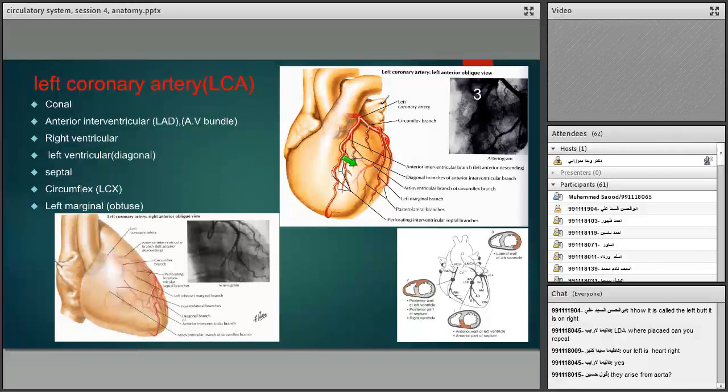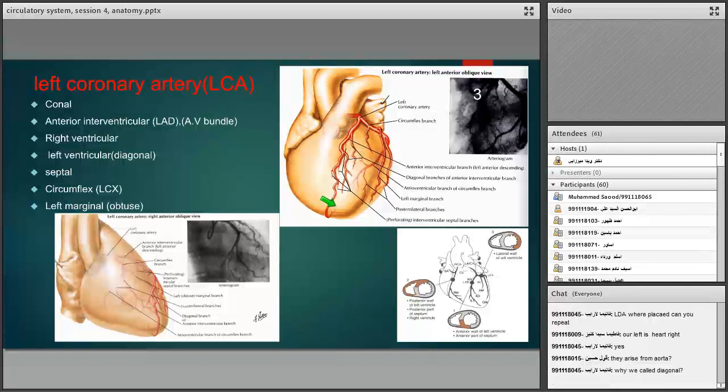Okay, the LAD is sending some branches to the right ventricle with the name of right ventricular, to the left ventricle with the name of diagonal arteries, and also to the septum, interventricular septum. Listen please. Right ventricular to a small part of the right ventricle, left ventriculars, and some septal branches.